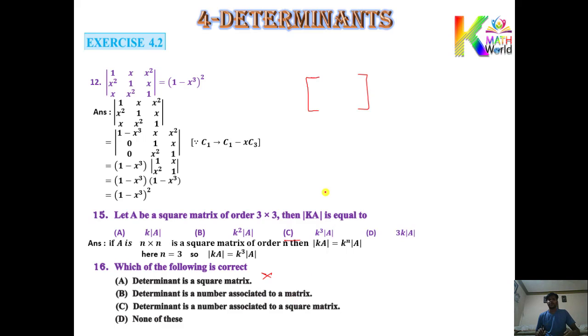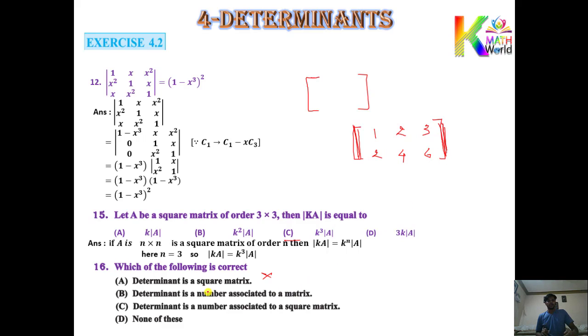But here square matrix is not given. So suppose your matrix is like this: 1 2 3, 2 4 6. Then can you get the value of the determinant for this? We know that the value of a determinant is possible only for a square matrix, not for a rectangular matrix. This is a rectangular matrix.